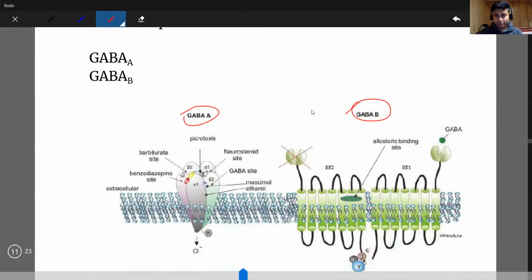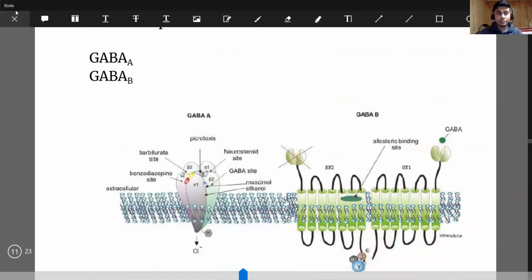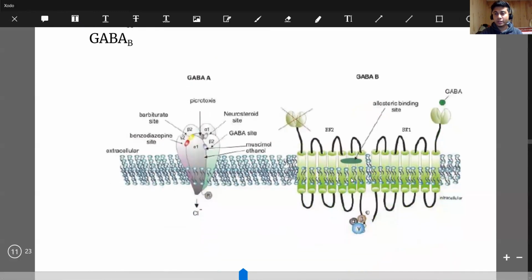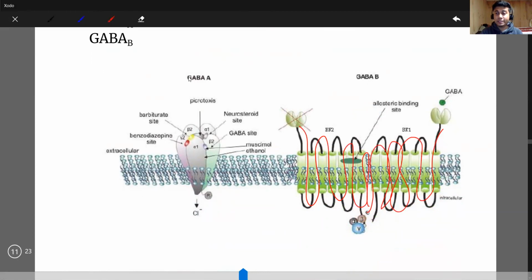The GABA-A receptor is not a 7-pass receptor. It is just a single pass receptor, and it's an ion channel receptor, that means it works as an ion channel. But the GABA-B receptor is a 7-pass receptor. As you can see, these GABA-B receptors pass through the membrane like this.